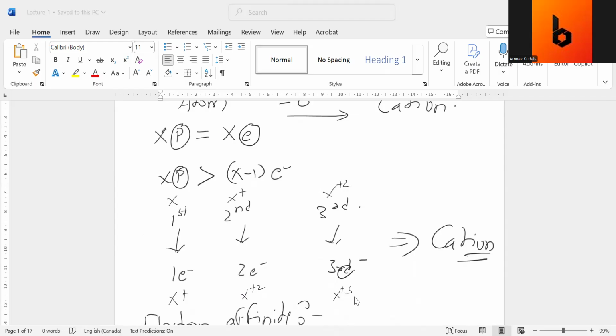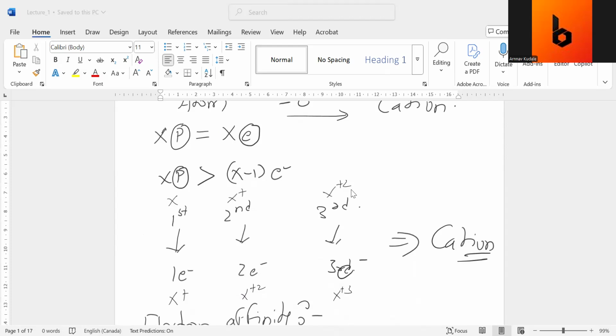So the concept is it is relatively easy to remove an electron from a neutral atom. But if something is positive and you are trying to remove an electron from that, it is difficult.